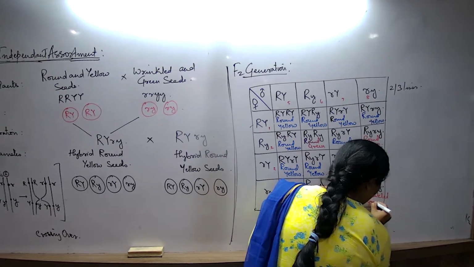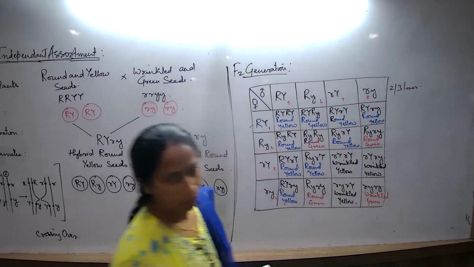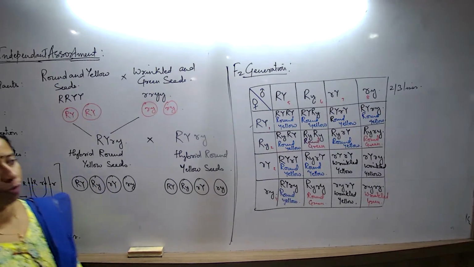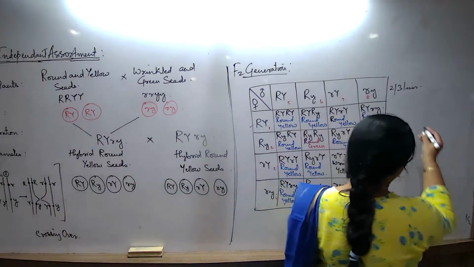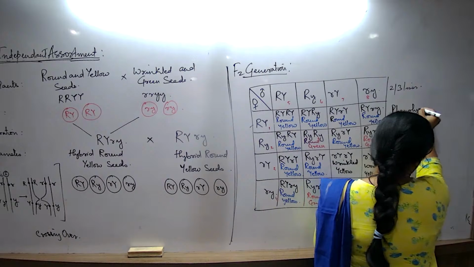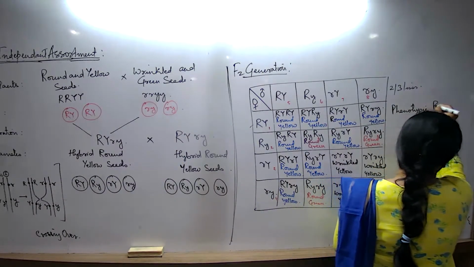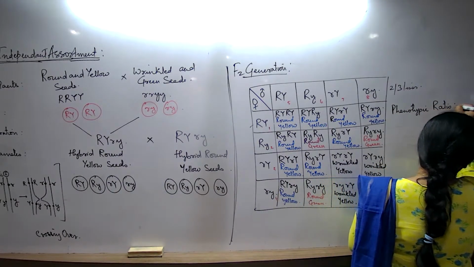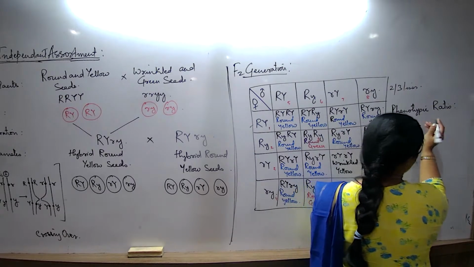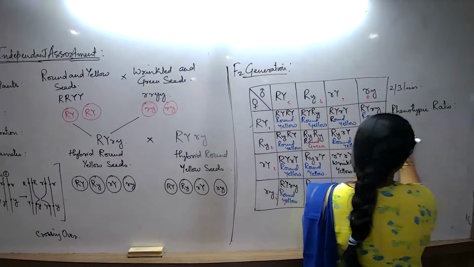How many types of plants did we get? Four types. Count their respective numbers to find out the phenotypic ratio. We are now trying to write down the phenotypic ratio. Okay, let us go by the numbers first.